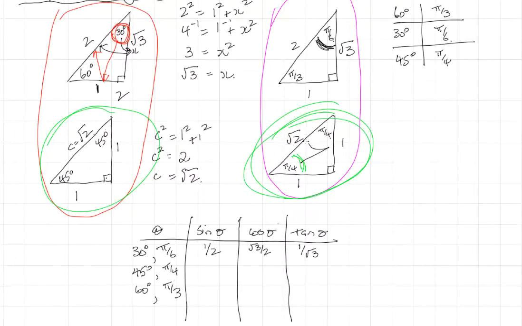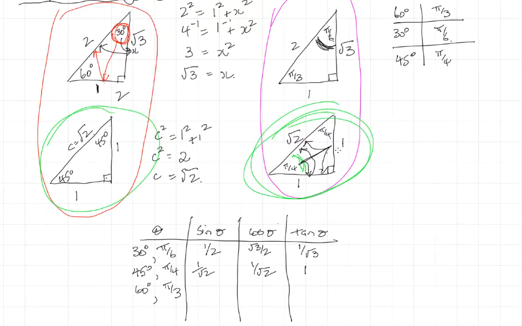Sine is opposite over hypotenuse, 1 over root 2. Cos is adjacent over hypotenuse, also 1 over root 2. And the tan of pi on 4, tan is opposite over adjacent, so that's 1 over 1, which is equal to 1.